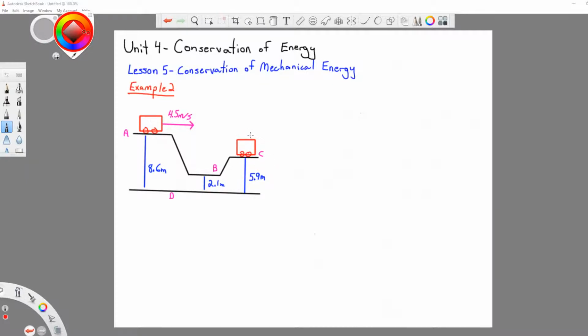Alright, so we're going to be breaking into the conservation of mechanical energy formula again. Before we get going, I want to make a note that this middle stage of the platform here, because we're dealing just with energy before and energy after, at no point does this cart have a different value of energy.